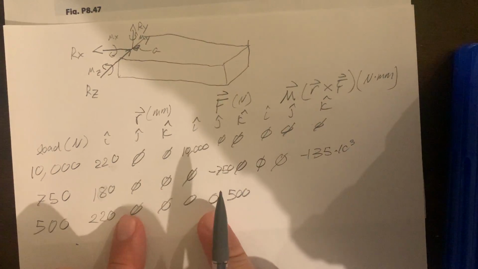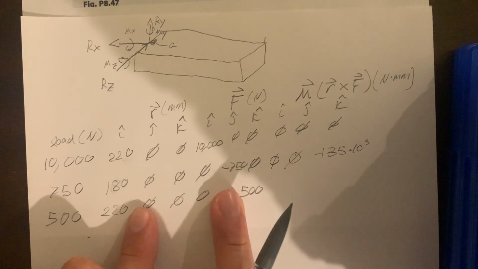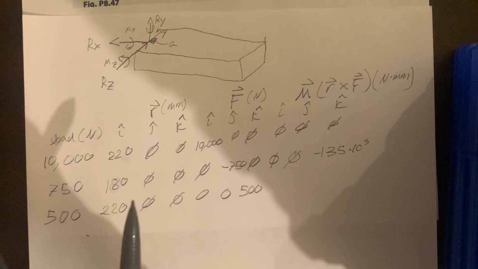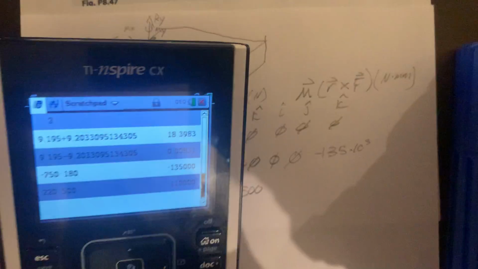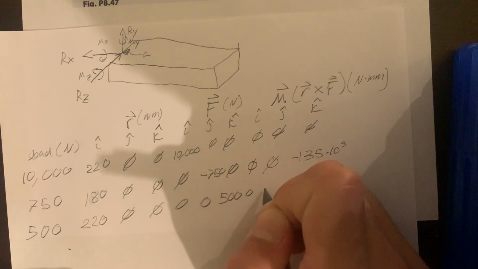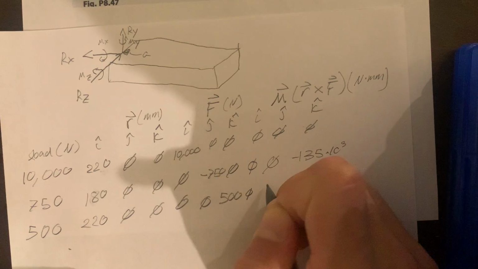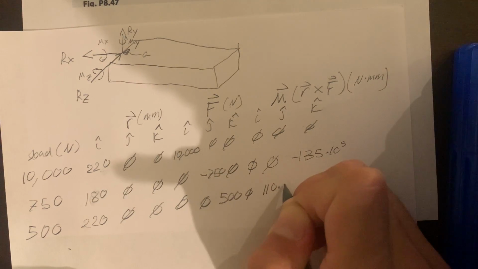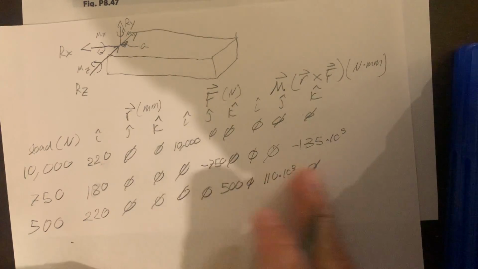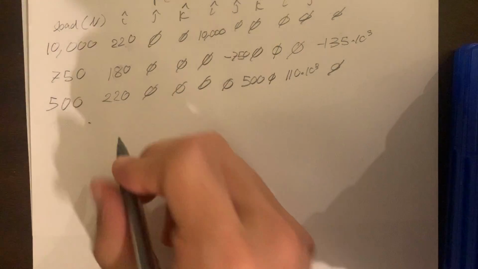And then over here it's going to be in the J direction. We cover the J's is 220 times 500. And that gives us 110,000. So that'd be 0, 110 times 10 to the third, and then 0. I know it's messy, but let's clean it up right down here.